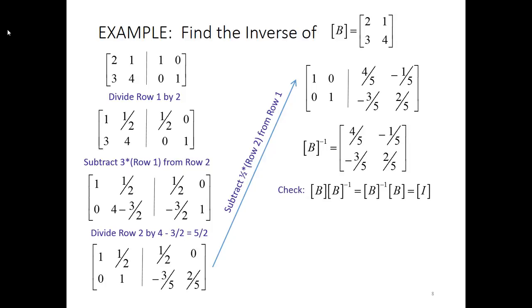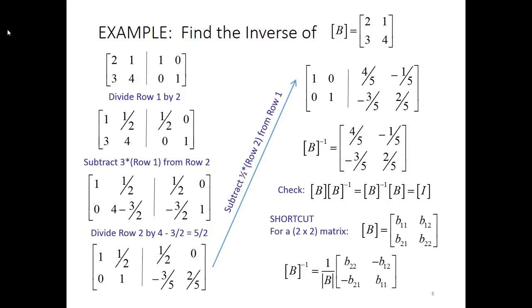If we check this, take B times B inverse or B inverse times B, it can go either way, we will get the identity matrix. Note that there's a bit of a shortcut here. For a 2x2 matrix, actually it's a huge shortcut, for a 2x2 matrix B11, B12, B21, B22, the inverse is automatically 1 over the determinant times B22, negative B12, negative B21, and B11.